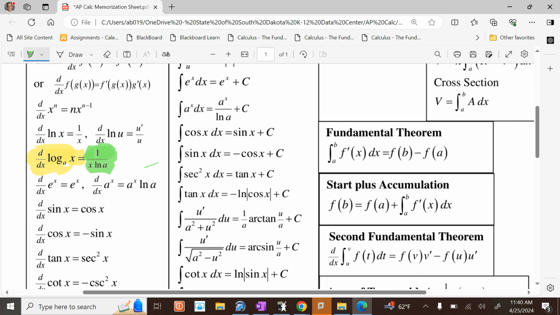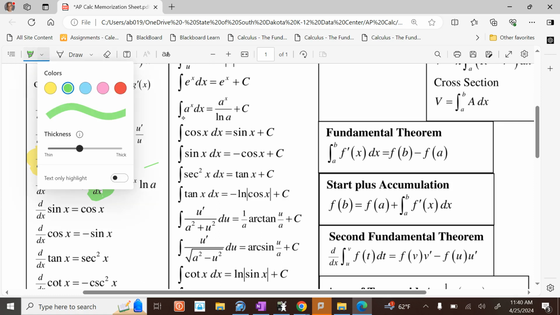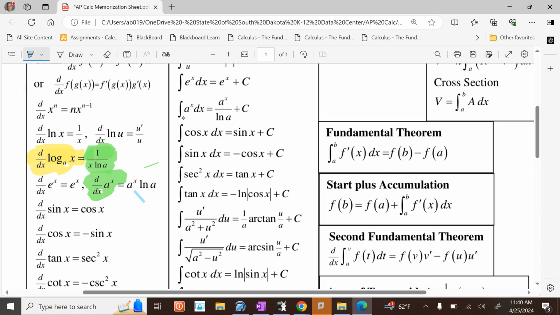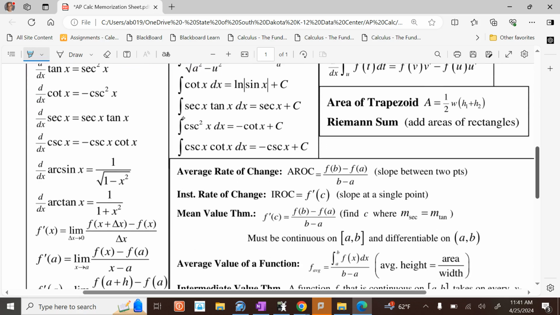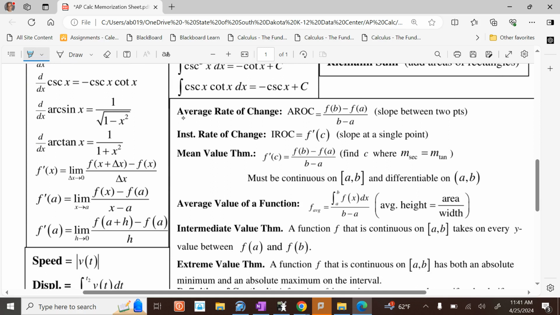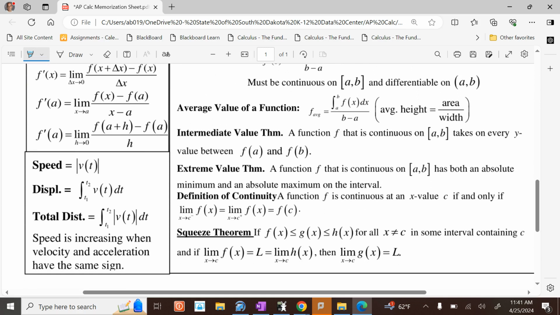So you'll be given that, and you'll be expected to write that, and so on. So know the trig ones, and so on. So I'm going to talk about some of these.